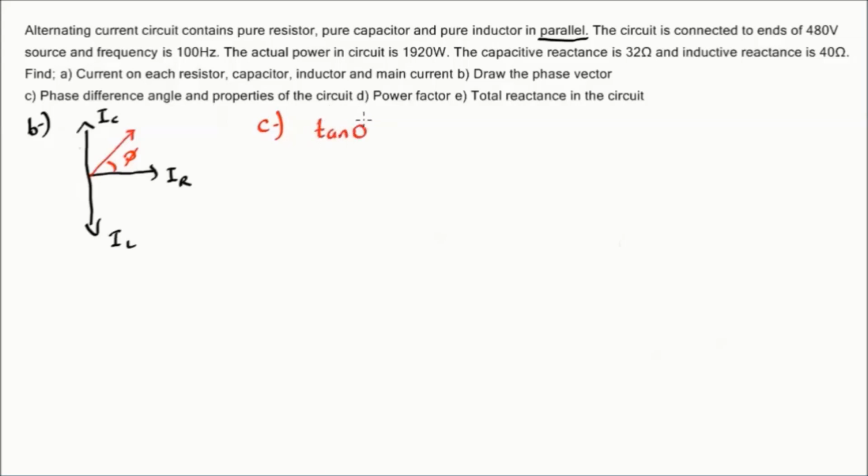Tangent phi equals Ix over IR, equals IC minus IL over IR. IC is 15 minus IL is 12, over IR is 4. So it's going to be 3 over 4.